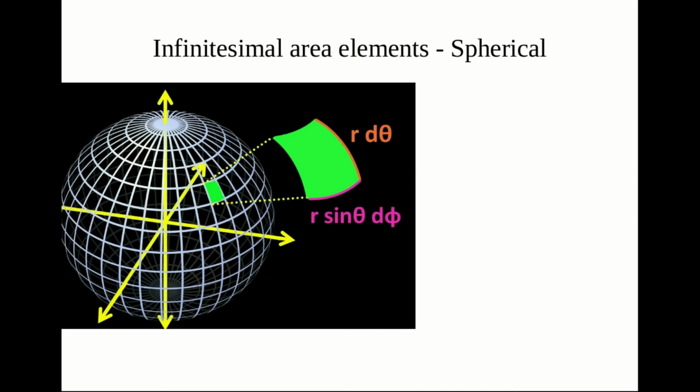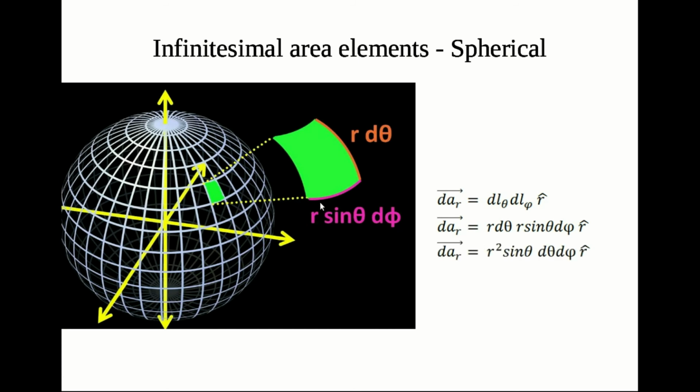This area element can be found by multiplying dl theta and dl phi. The area of this patch will be equal to r d theta multiplied with r sin theta d phi. dAr equal to dl theta dl phi r cap, r d theta r sin theta d phi r cap, which is r square sin theta d theta d phi r cap.